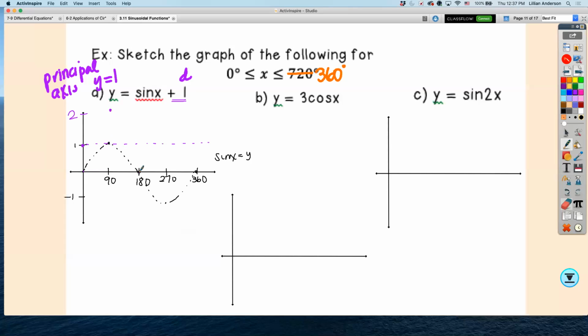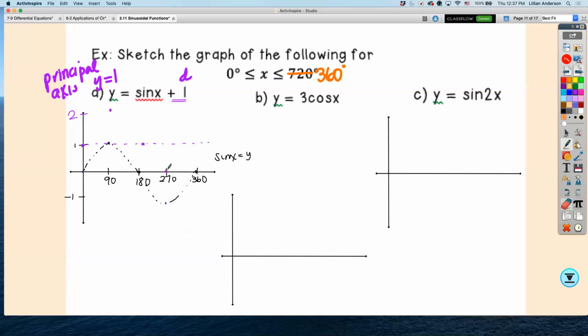This point at 180, 0 has been shifted up to 180, 1. This point at 270, -1 has been shifted up 1 unit to 270, 0.